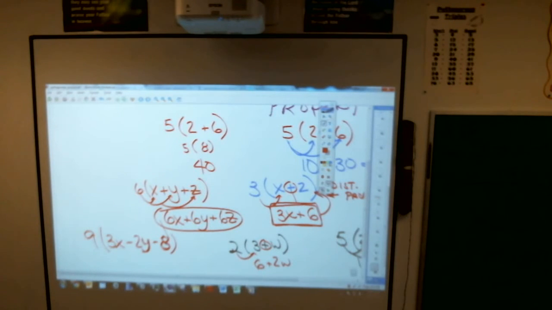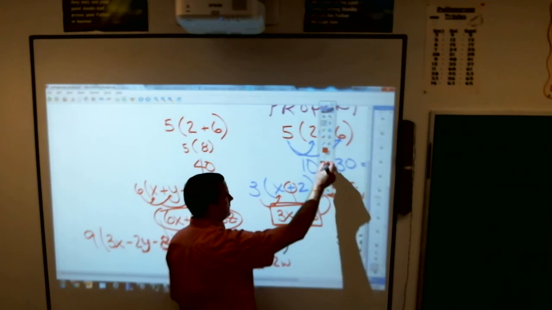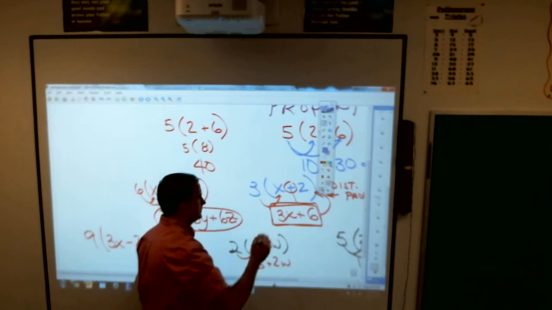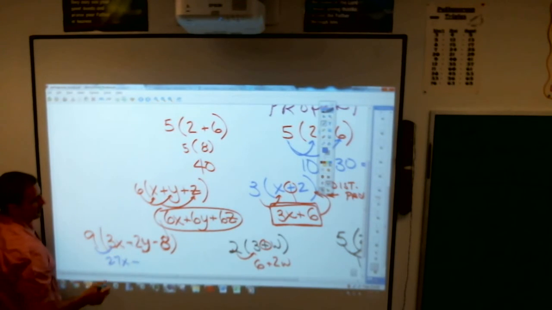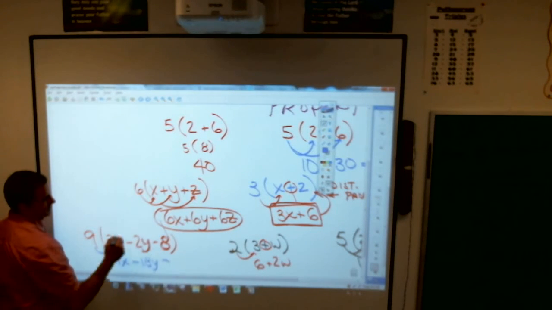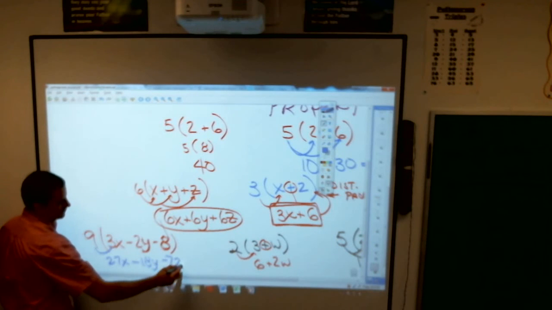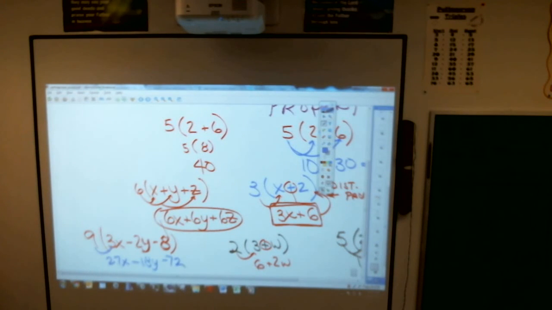Uh-oh. Again, that 9 gets distributed out to all 3 of those things. You do the multiplication there. Abram says 27x. Alright, 3 times 9 is 27x, correct? Minus, because that's minus, yes? 18y, minus 8 times 9 is 72. 27x minus 18y minus 72.